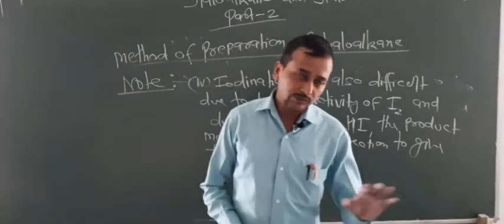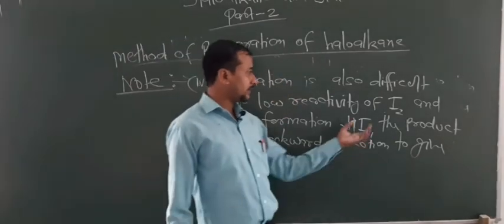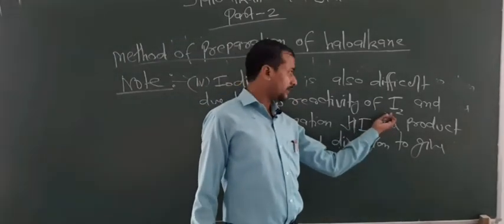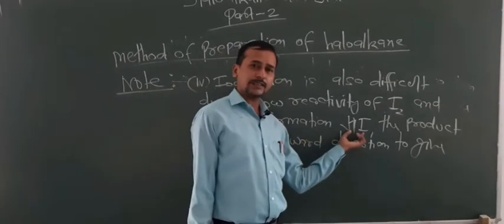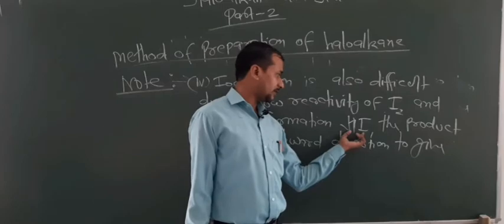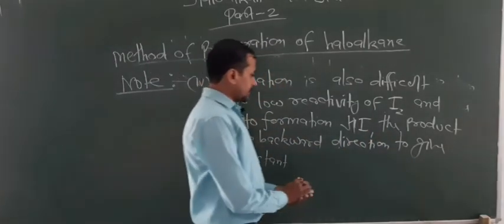So you have to note that iodination is difficult for two reasons: one, low reactivity of iodine, and second, formation of HI, a strong reducing agent that will convert the product into reactant.